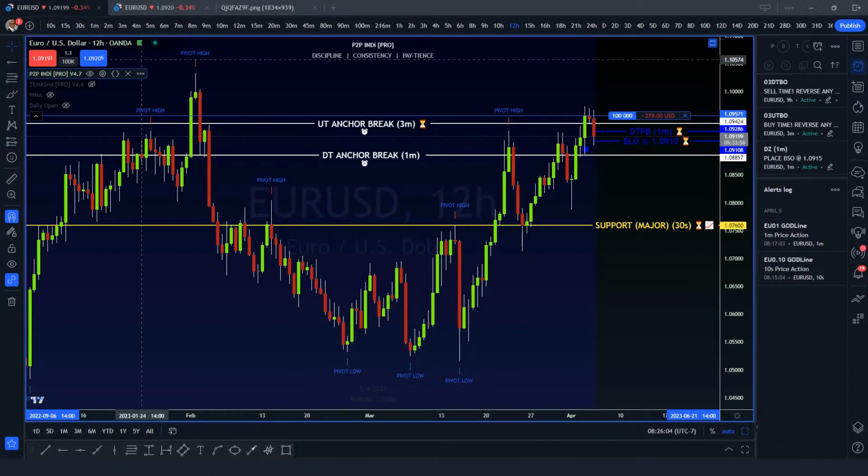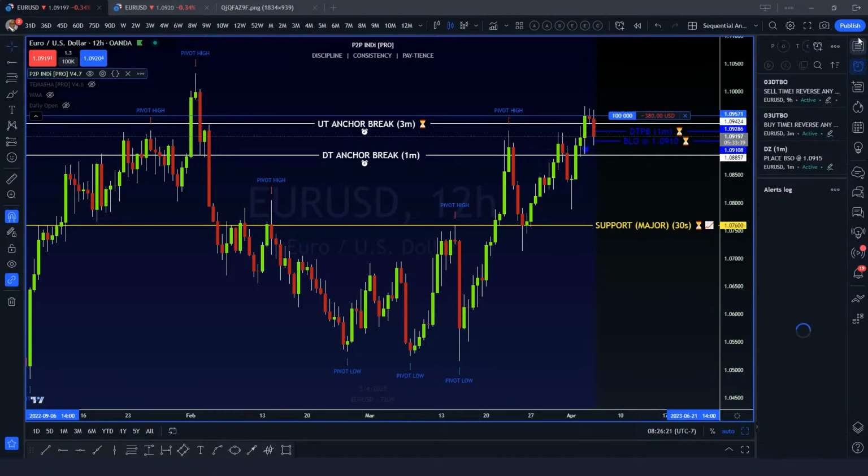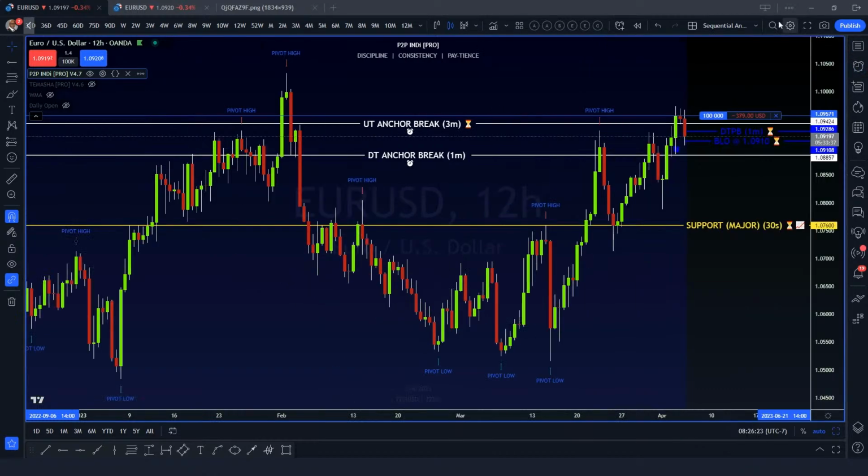Why is it not identifying this area here? Am I on the 12 hour? Yeah. That's strange. Let me do this. Let me save. Oh, it's already saved. Well, let me reload. Sorry, guys. Give me 1 second.